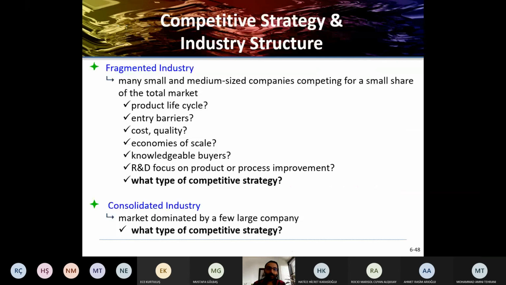Industry could be fragmented or consolidated. What does that mean? In a consolidated market, the market is dominated by a few large companies. In a fragmented market, many small and medium-sized companies compete for a small share of the total market. So for each of those industries, the competitive strategies, the generic strategies, can change, right?